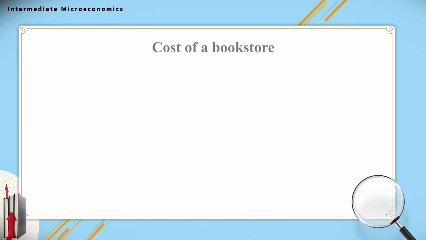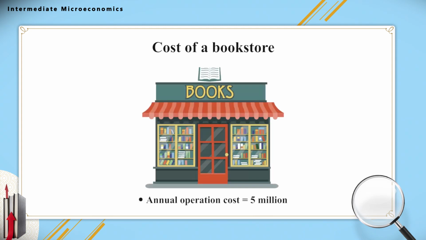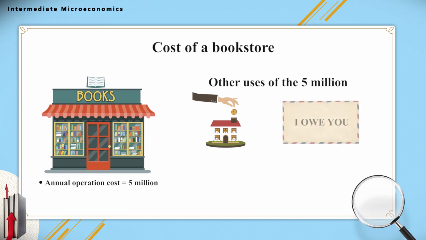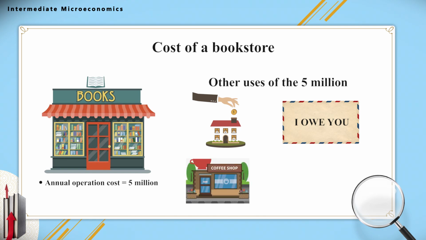For example, you own a bookstore, and the annual operating cost is 5 million yuan. That is, the bookstore's accounting cost is 5 million. But you could also use the 5 million yuan in other ways. You could buy an apartment for investment. You could lend to others and charge interest rate. You could invest to open a coffee shop.